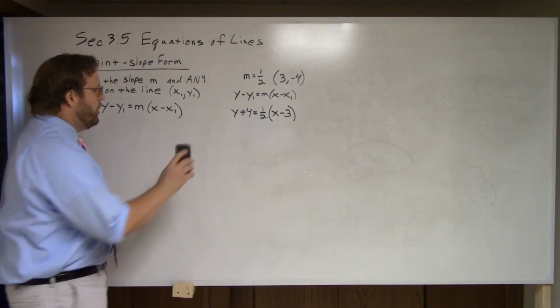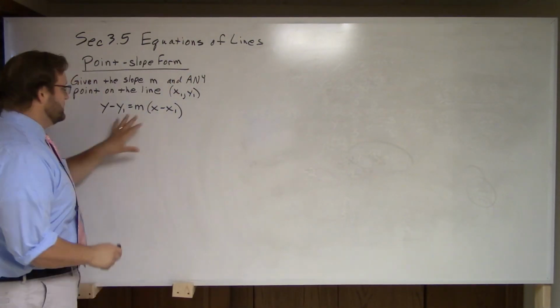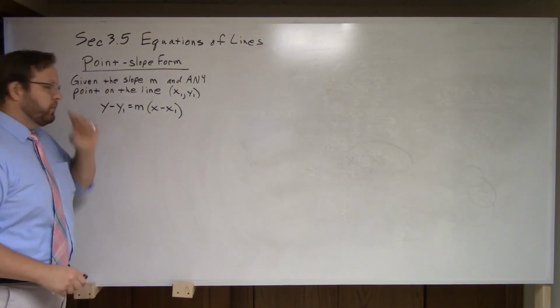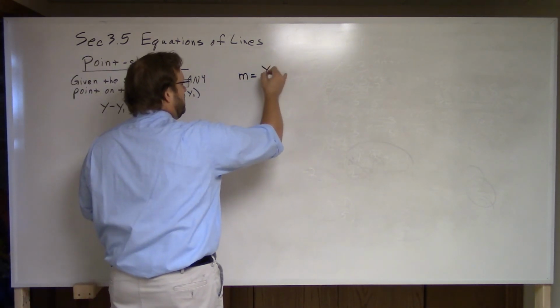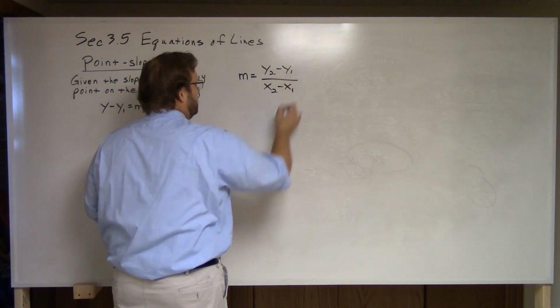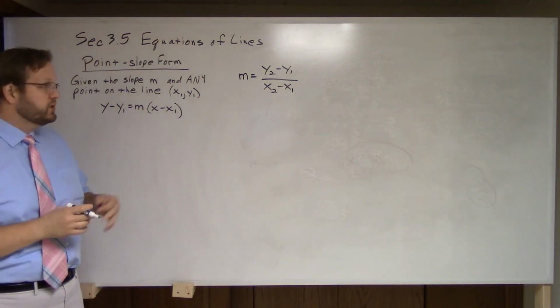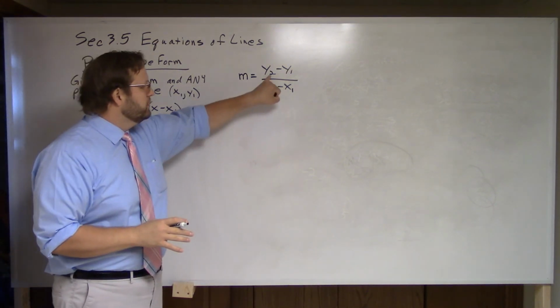One other thing though that I want to point out with this is where this is coming from. Okay, now remember slope formula, which was given in the previous section as that. Okay, now first of all, why do we have the 2 and the 1?